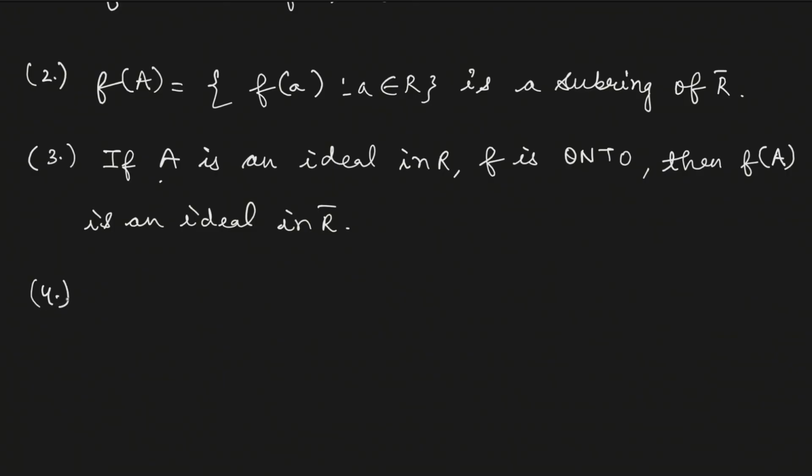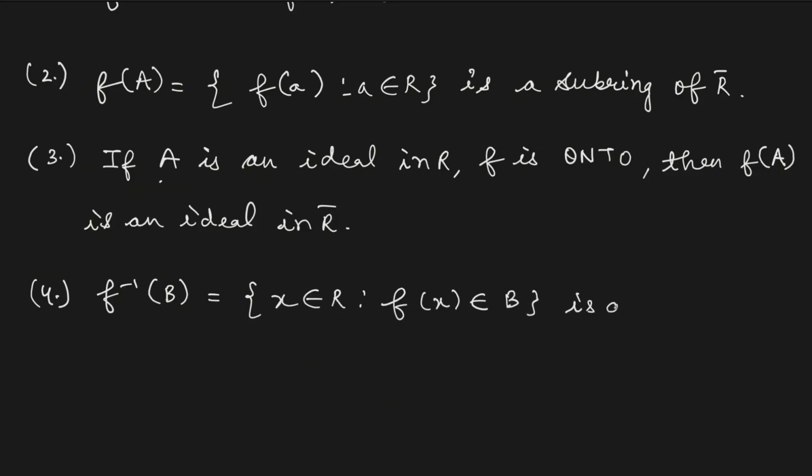Fourth, f inverse of B, which is the set of x belonging to R such that f(x) belongs to B, is an ideal in R.